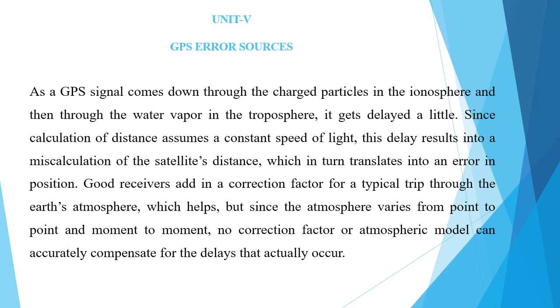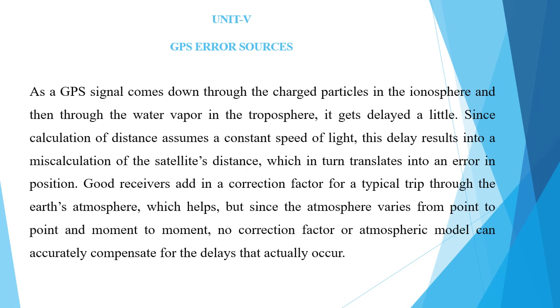As a GPS signal comes down through the charged particles in the ionosphere and then through the water vapor in the troposphere, it gets delayed a little, since the calculation of distance assumes a constant speed of light. This delay results in a miscalculation of the satellite distance, which translates into an error in position.